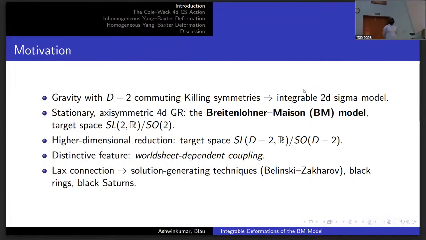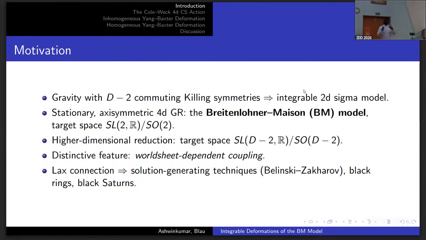More generally, in higher dimensions, you can have d-dimensional gravity, and you can study a sector with d-2 commuting Killing symmetries, and you can also find an integrable 2D sigma model description. So the distinctive feature of such models is that the coupling turns out to be worldsheet dependent.